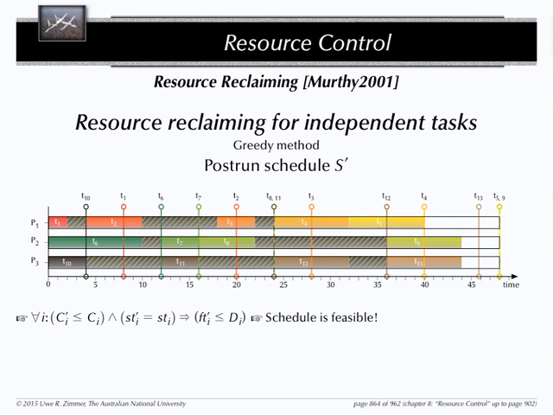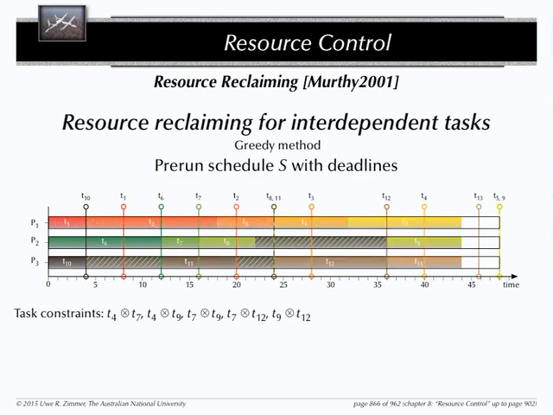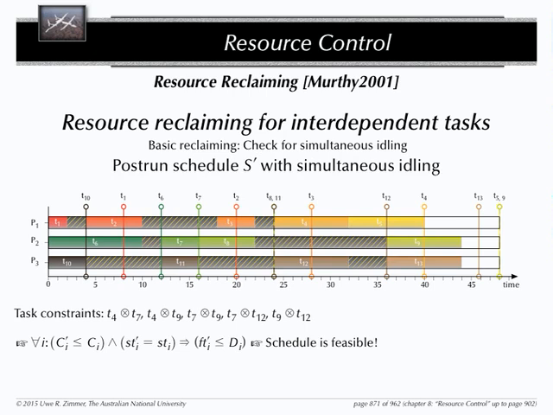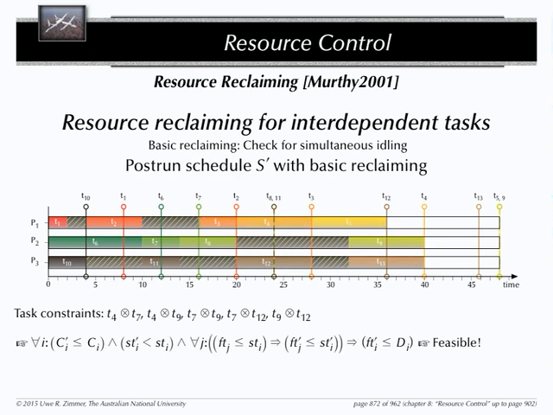Your whole system is idling. Then just skip all the way to the next non-idle phase. And with simultaneous idling, it's easy to prove that this will still lead to a feasible schedule.